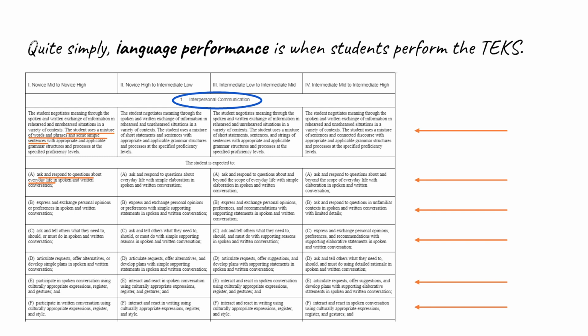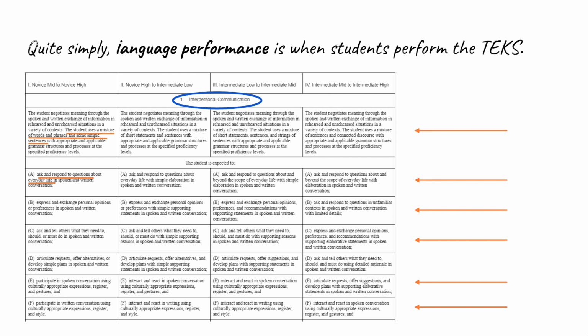So if we take a look at it, and this is a level 1 example, which is that first column on the left. If we look at student expectation A, it says that the student is expected to ask and respond to questions about everyday life in spoken and written language. Now, I need to add to that something from the knowledge and skills statement.